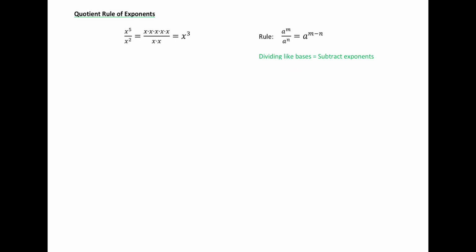All right, new rule called the quotient rule. Quotient means divide, okay? So we're doing divide. Let me explain it. Here we go. X to the fifth over x squared. This means we have 5 x's on the top multiplied together, and 2 x's on the bottom multiplied together.